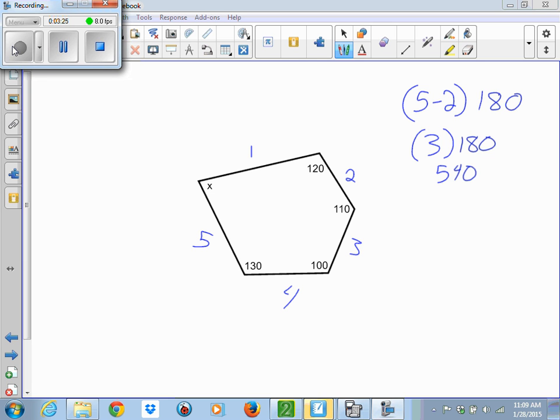From there, you can just add up all of the angles. So x plus 120 plus 110 plus 100 plus 130 equals 540.